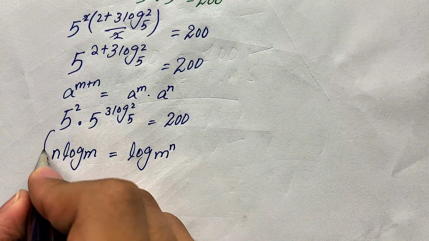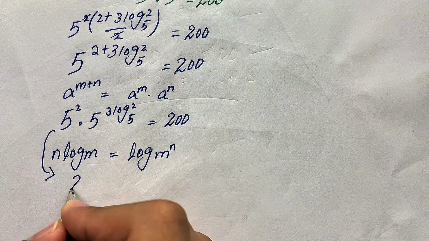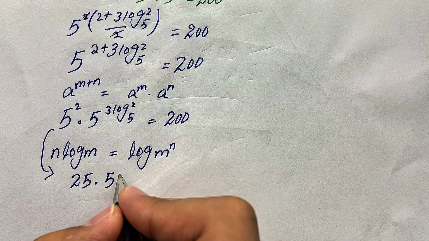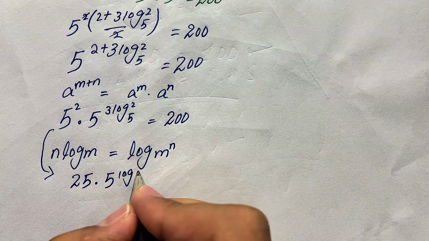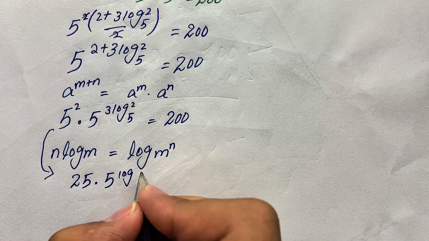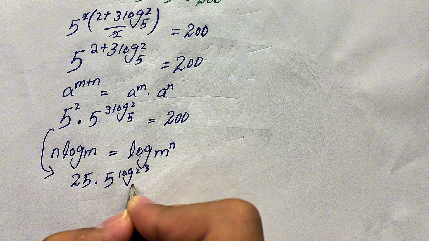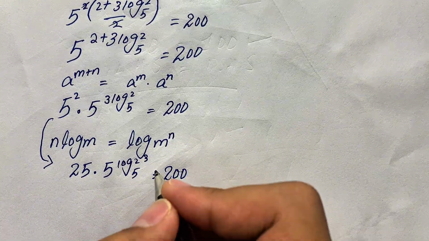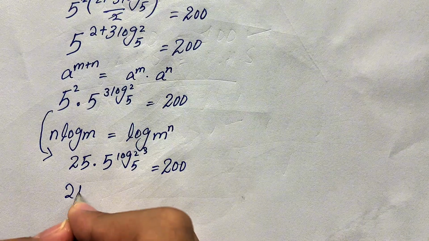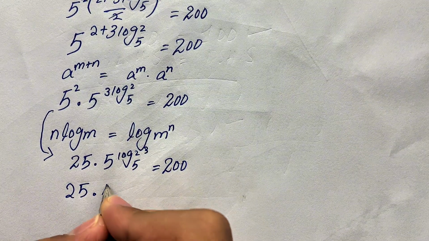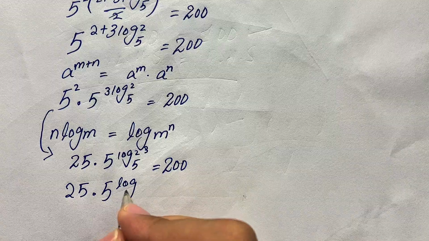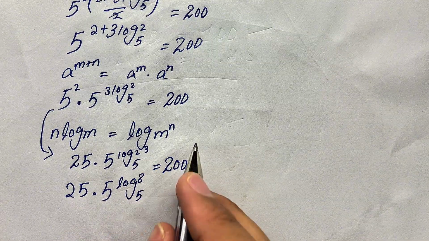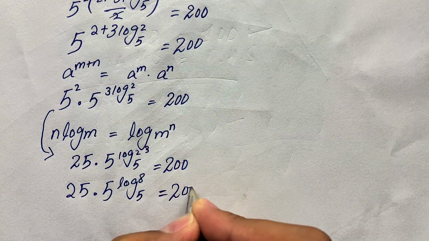So this will be 5 square is 25 into 5 to the power log of 2 cubed base 5 is equal to 200. So 25 into 5 to the power log of 8 base 5, 2 cubed is 8, is equal to 200.